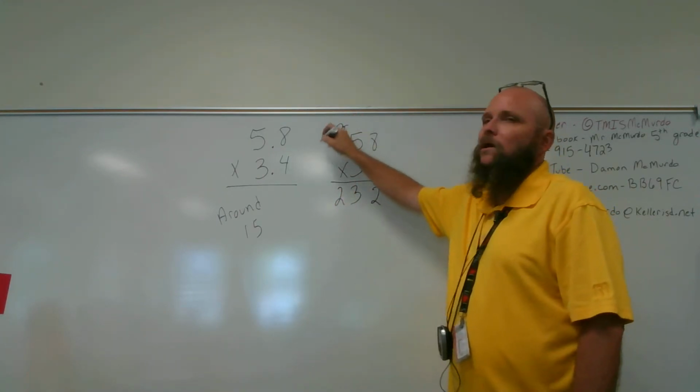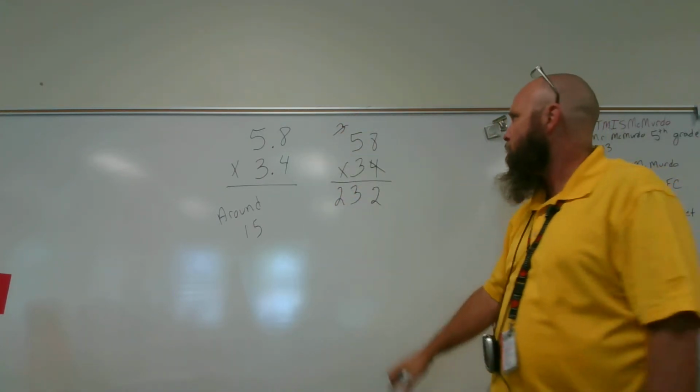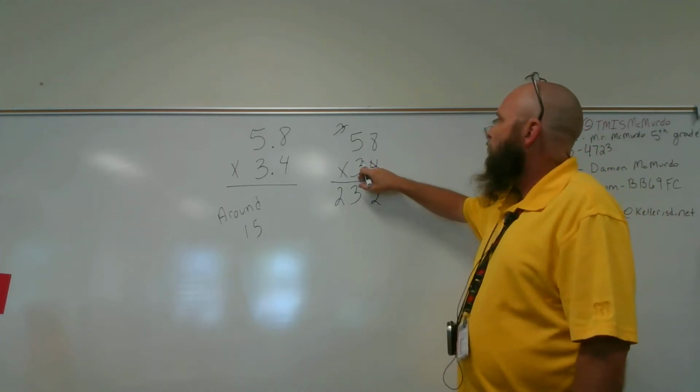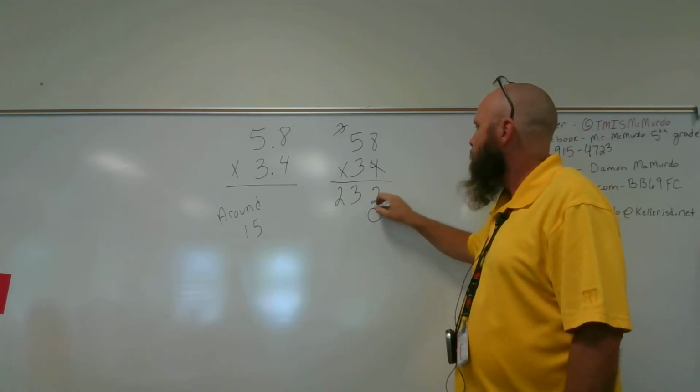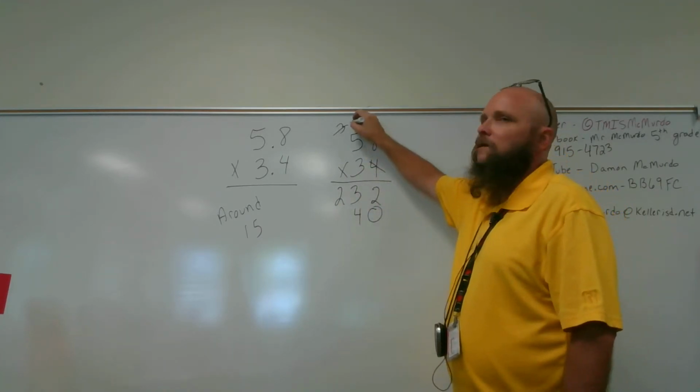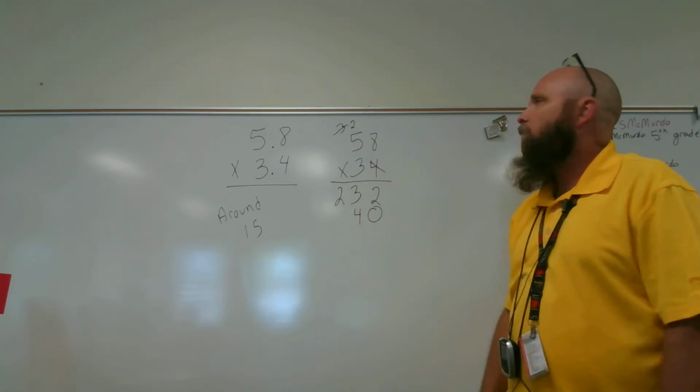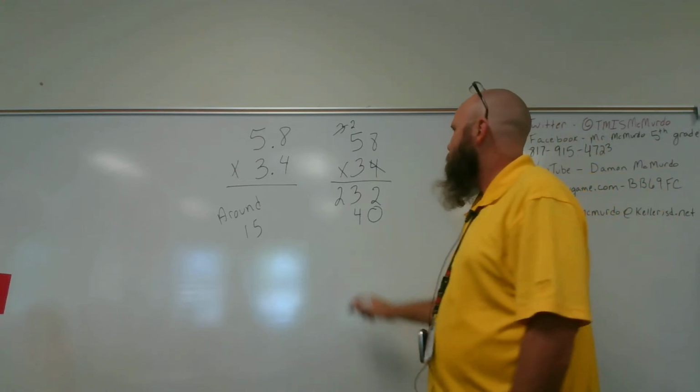Now I'm done with my ones place, so I'm working in my tens place. 3 times 8 is 24, so that's 24 tens. So that's 4 tens and 2 hundreds. 3 times 5 is 15, plus 2 is 17.